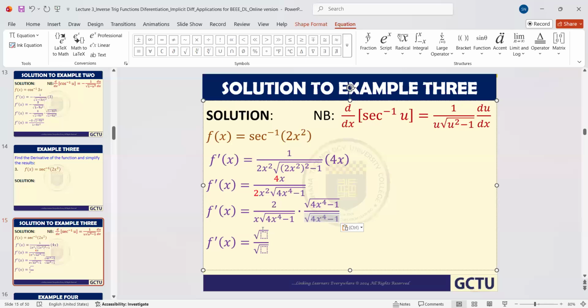Now, that will reduce my numerator to become 2. Then the square root sign will become 4x to the power 4 minus 1. And then the denominator will be left with x into brackets 4x minus 1. You can either expand this or you can leave it like that.